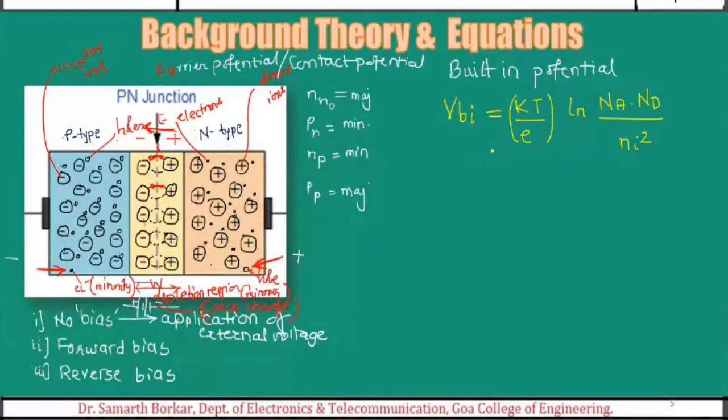Now, what are these terms? KT by E is a constant, and it is referred to as the thermal voltage, or voltage equivalent of temperature.